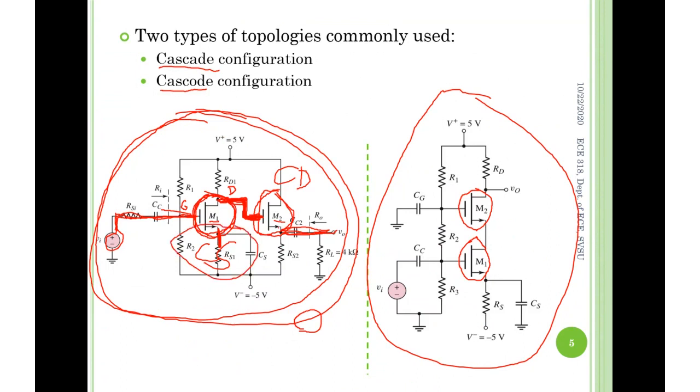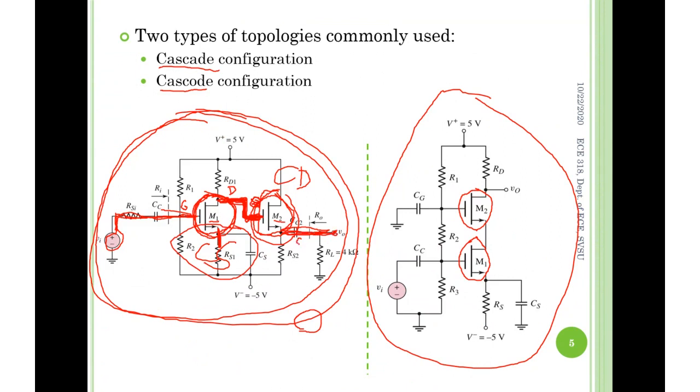For M2, again, we are looking at M2 and M2 only. The input has been identified previously. It's the connection between stage 1 and stage 2, so it's a gate. M2's gate is the input terminal. The output is very clear. The output is labeled as Vo.